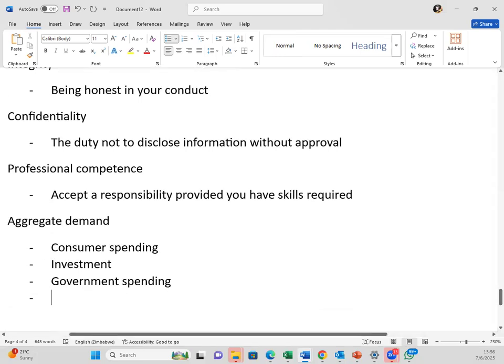We can also have demand for exports. So let's go and check from the question.